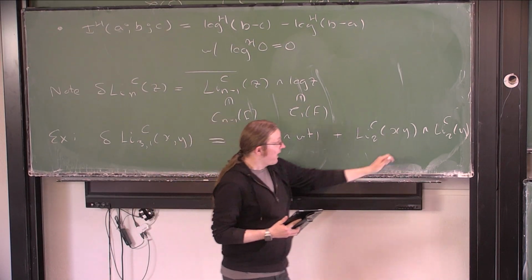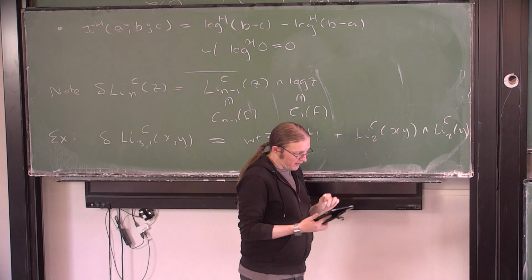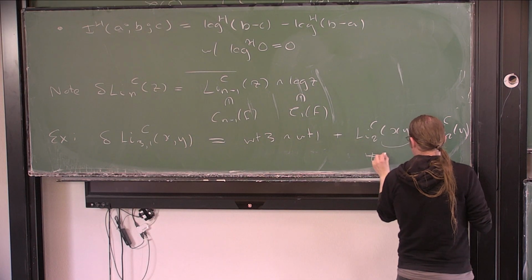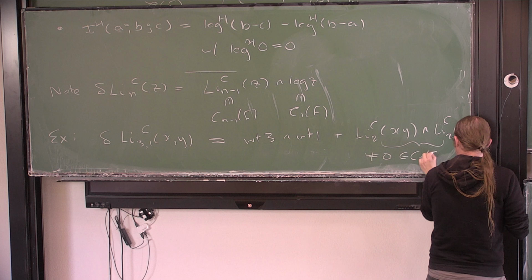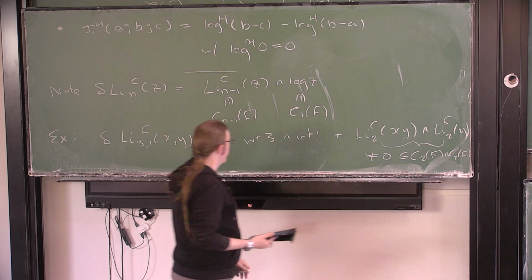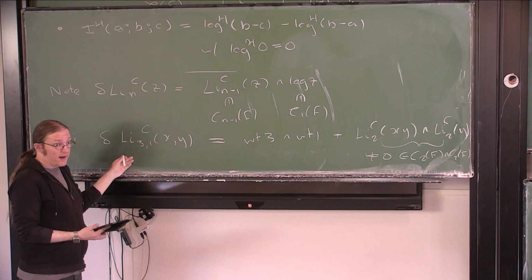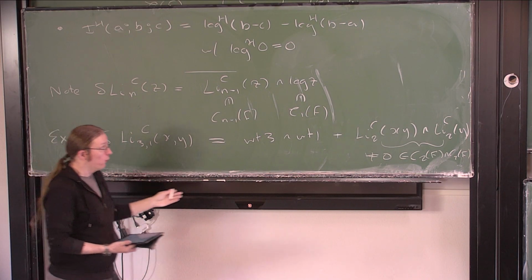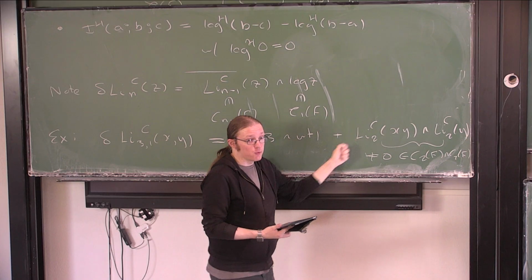In particular, it has this piece that's in weight 2 wedge weight 2 and is non-zero. So there is absolutely no way you could write this as a combination of depth 1 things, because they would not be able to produce this contribution.